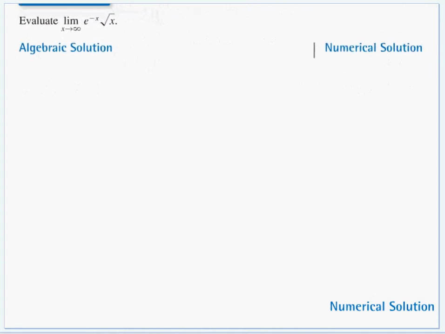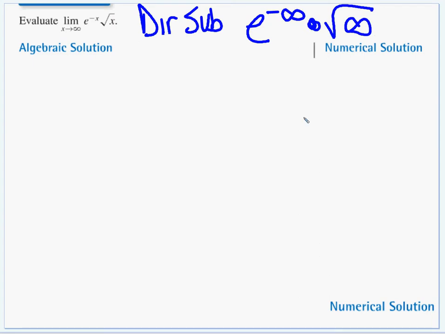So we are going to try direct sub. And infinity is going to jump in there. That's going to be e to the negative infinity times the root of infinity. So remember, e to the negative x looks like this.